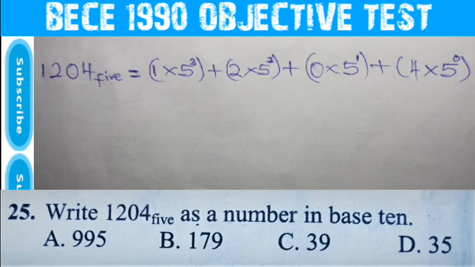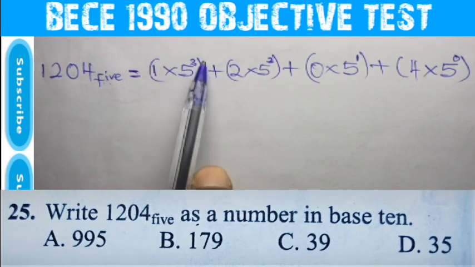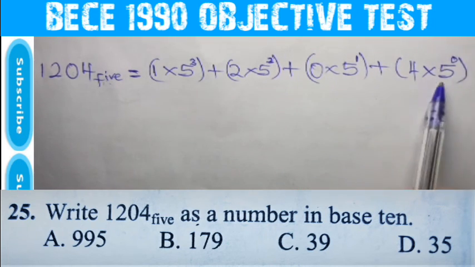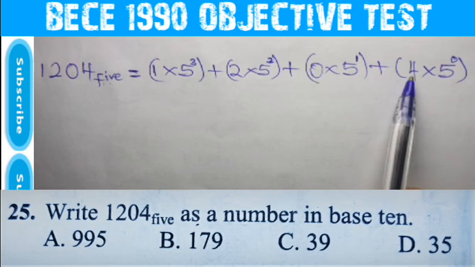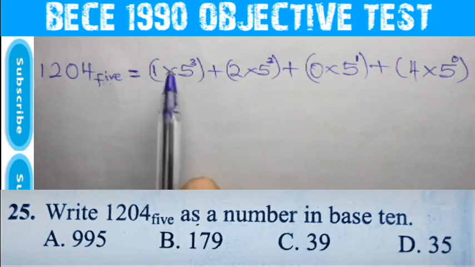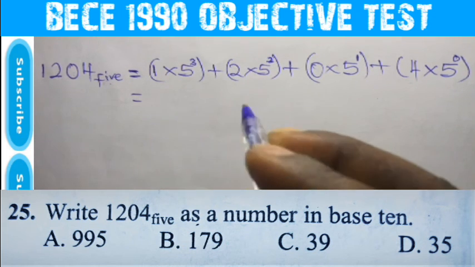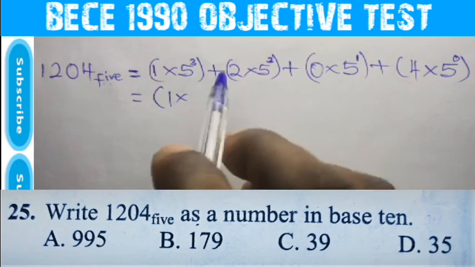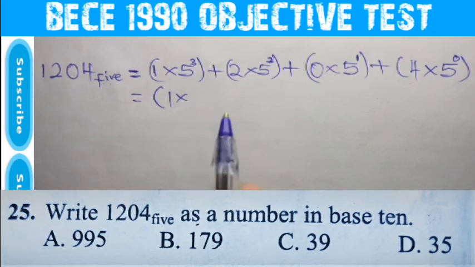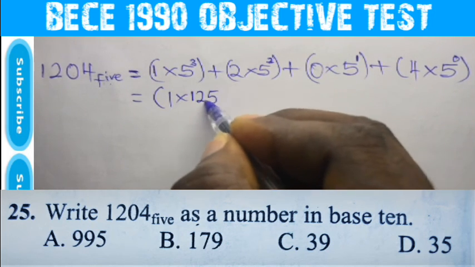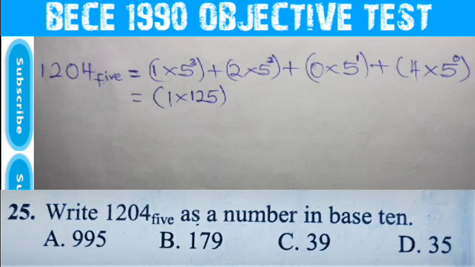Good. Once we are done, we find the answer to the base and the powers that we have over here, and then we multiply the answer by the other numbers we have in the brackets. So boxing on, we have 1 multiplied by 5 raised to the power 3 will give us 125. 5 raised to the power 3 means we have 5 times 5 times 5. 5 times 5 is 25. 25 times 5 gives us 125.